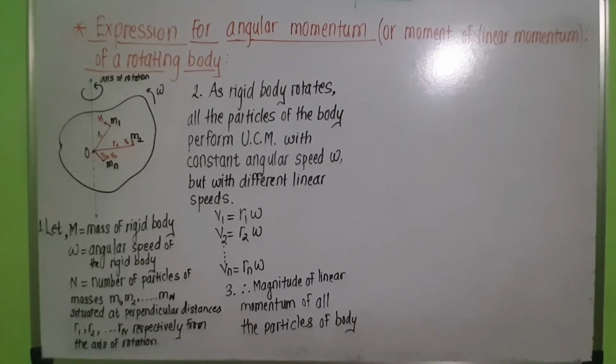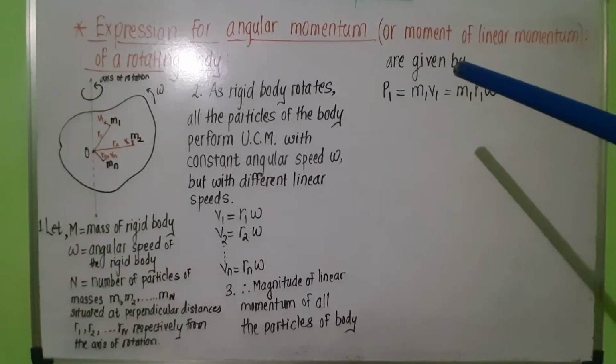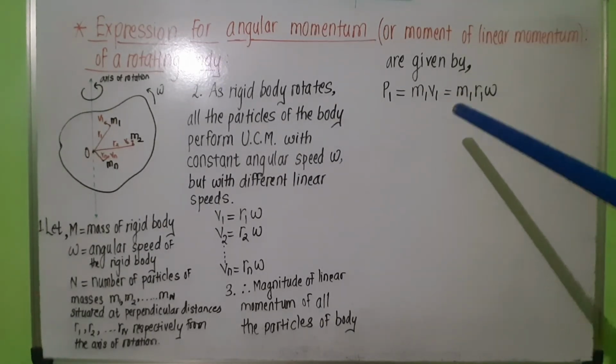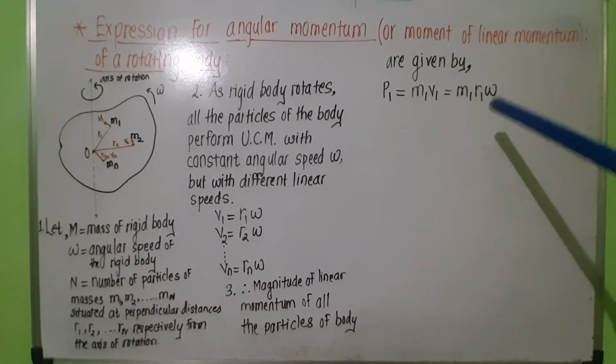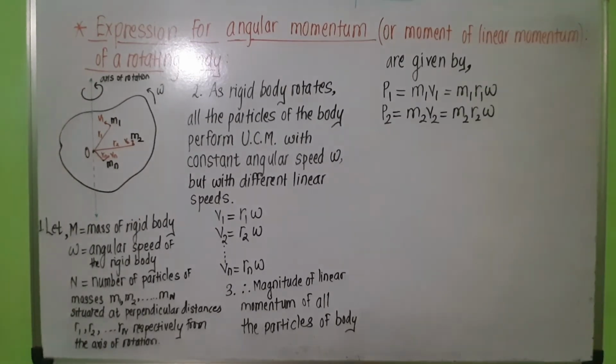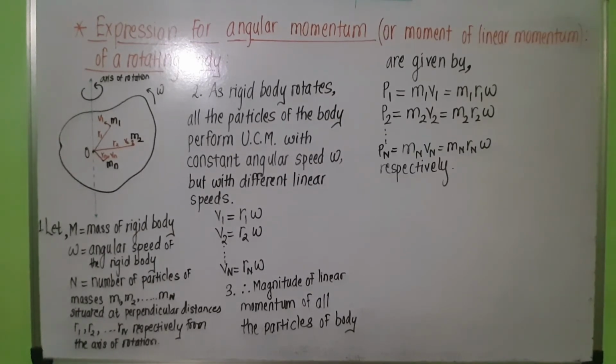Therefore, the magnitudes of linear momentum of all the particles of the body are given by P1 is equal to m1 v1, which is equal to m1 r1 omega by substituting the value of v1 for the first particle. P2 is equal to m2 v2, which is equal to m2 r2 omega for the second particle. So on up to the nth particle respectively.